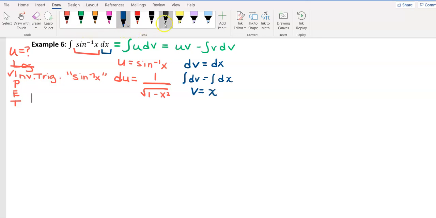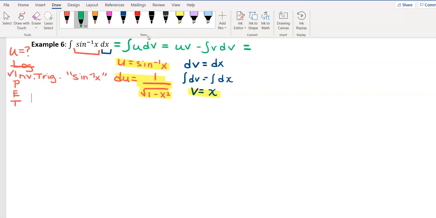So now we have the important pieces. We have our u, we have our v, and we have our du. So we have all of the important pieces to use in our by parts formula. So let's go ahead and start plugging them in.